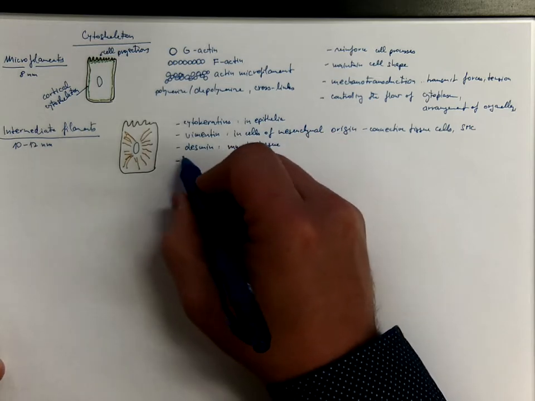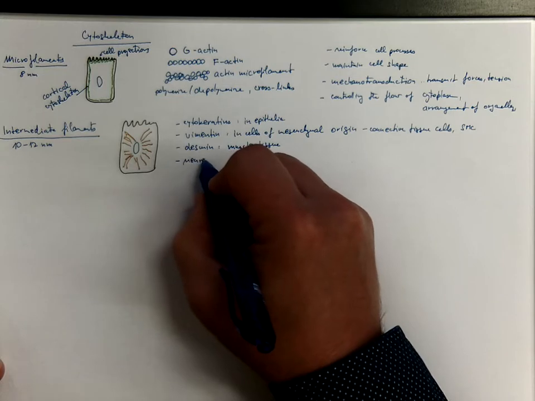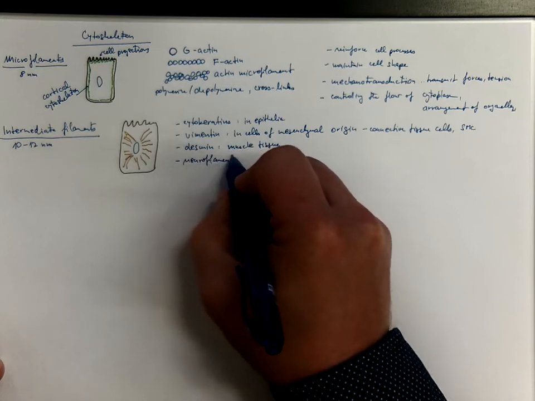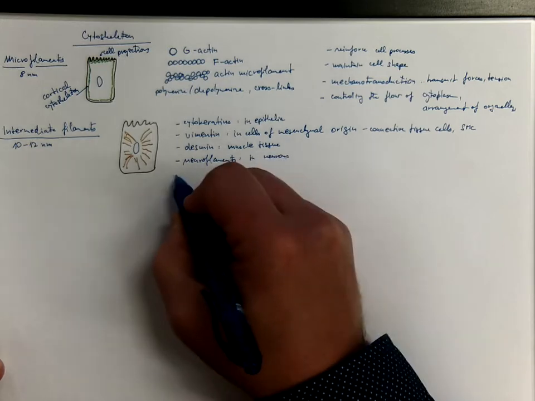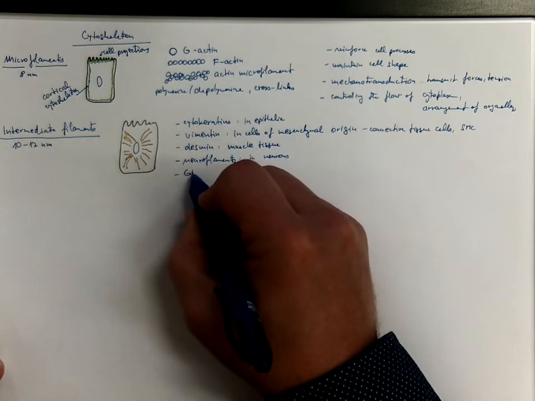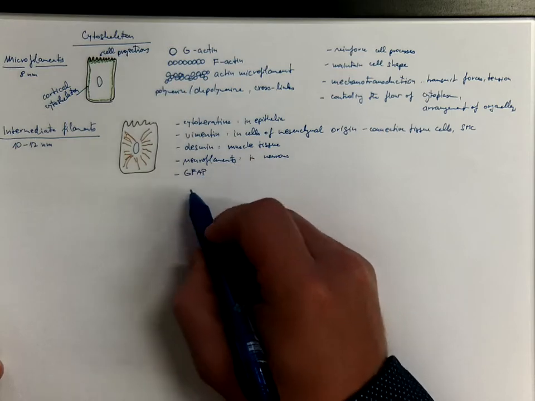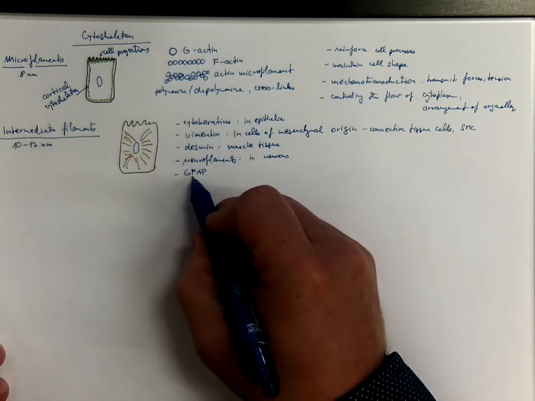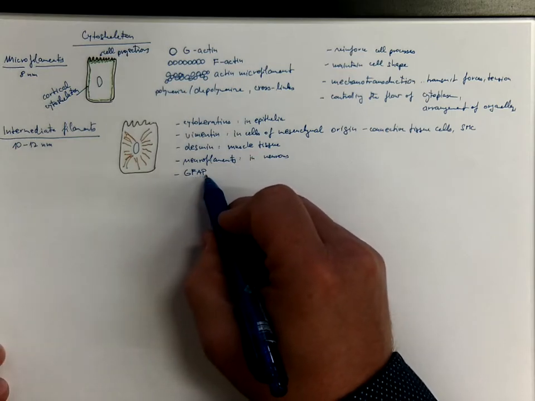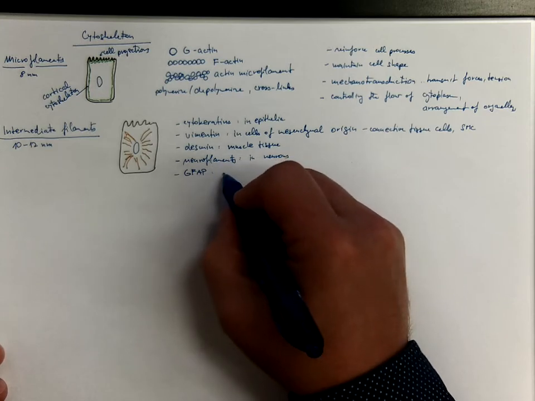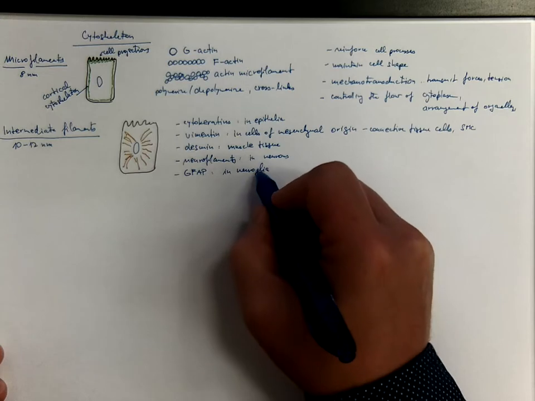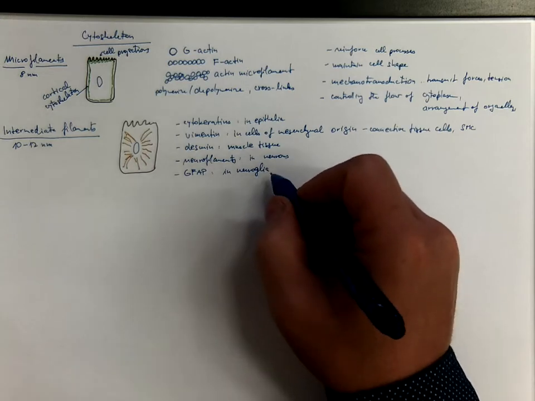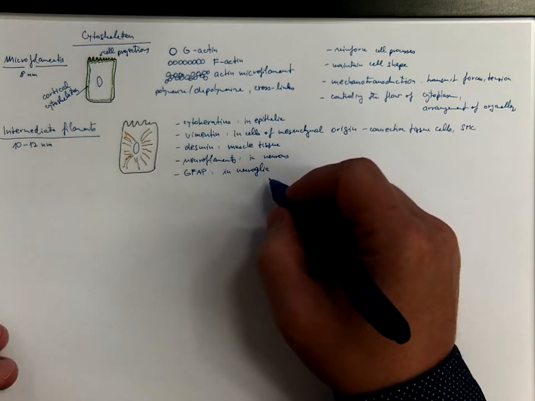Right? We have neurofilaments present in neurons. We have GFAP, which stands for glial fibrillary acidic protein, which is in neuroglia. Neuroglia are supporting cells in the nervous system.